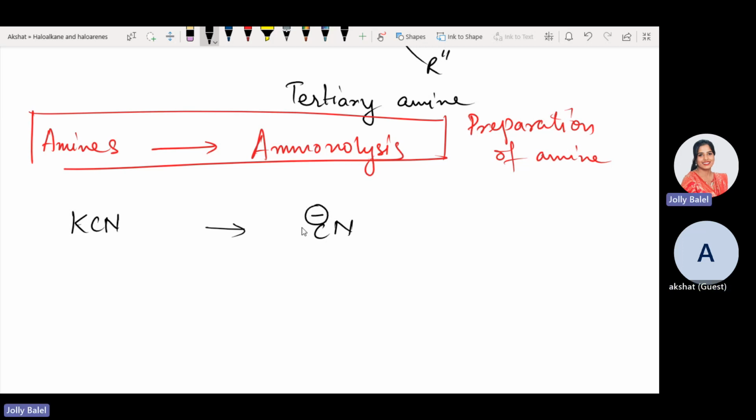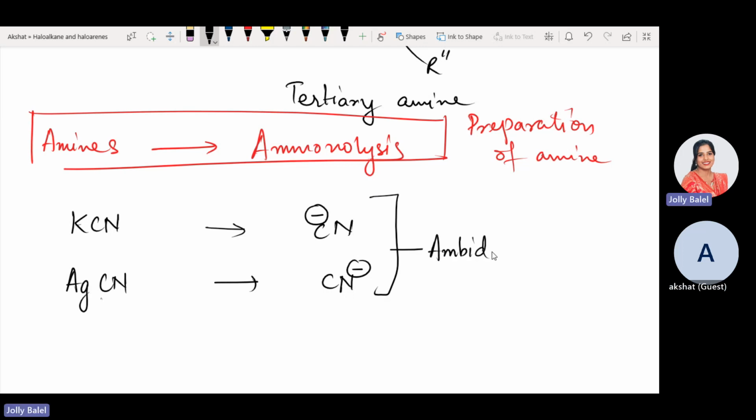So in that case, C is the donor. If I am giving you AgCN, again you will say CN, but at this time when you are taking AgCN, nitrogen will be the donor. The negative charge will be on nitrogen. Such kind of nucleophiles are known as ambident nucleophiles.